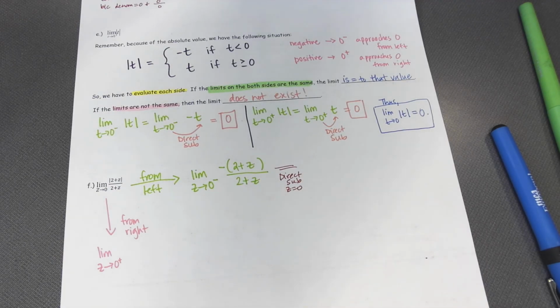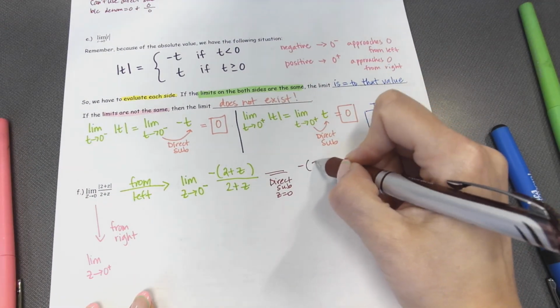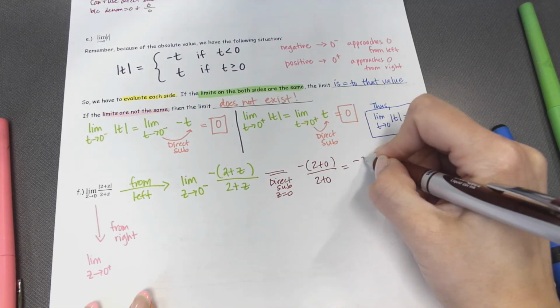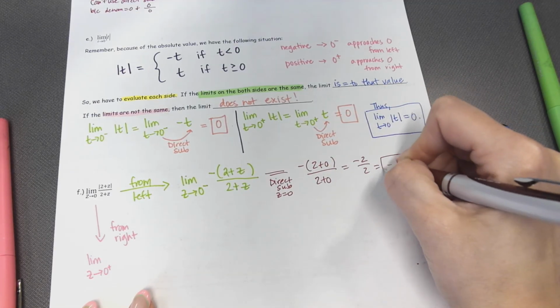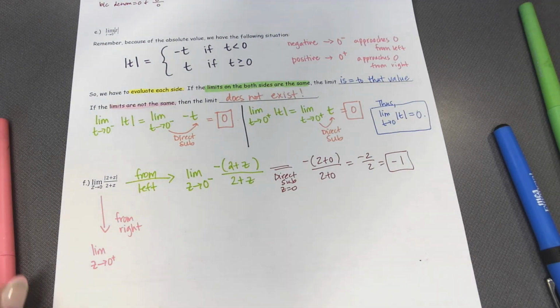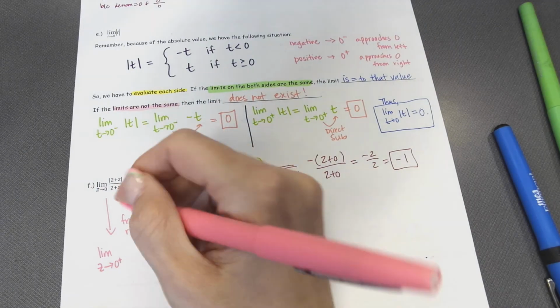All right, so when we did the direct substitution, we have the negative 2 plus 0 over 2 plus 0. So negative 2 over 2, which was negative 1. Okay, now let's see what happens on the right side. So from the right, the limit as z approaches 0.